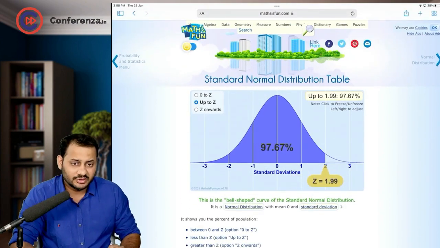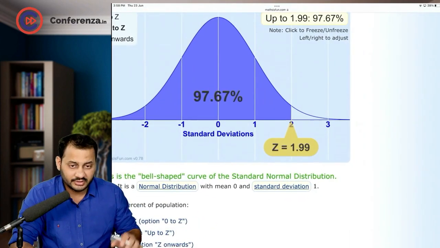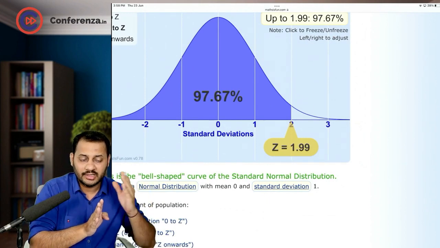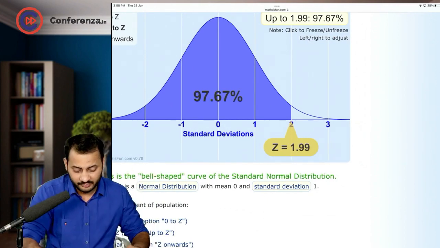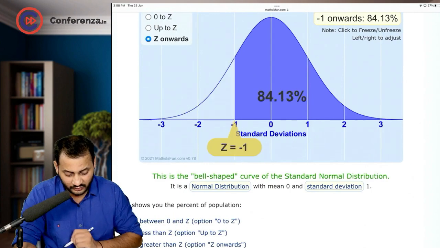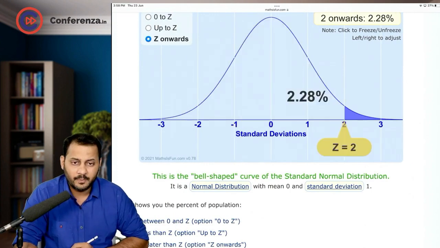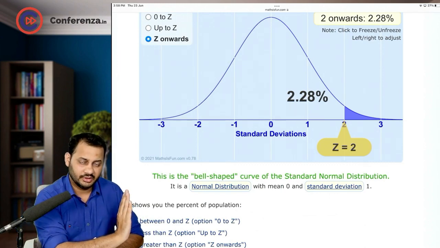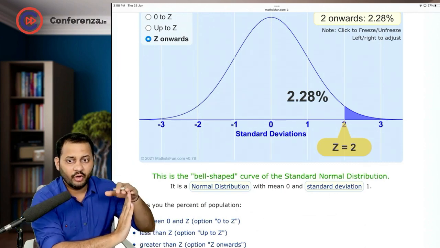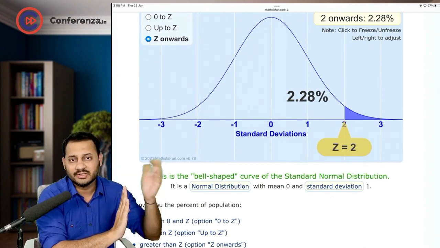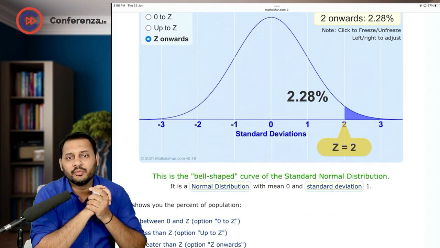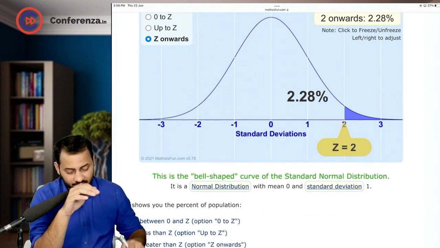This is not at least 2. First of all, please understand, we want at least 2, meaning 2 and more than 2. That means the right side of the table. So Z onwards. See, Z onwards. This is the direction. Do you want up to Z or beyond Z? We want beyond Z. Z onwards. So that is 2.28%. That much only. How to calculate that? It will be given here.